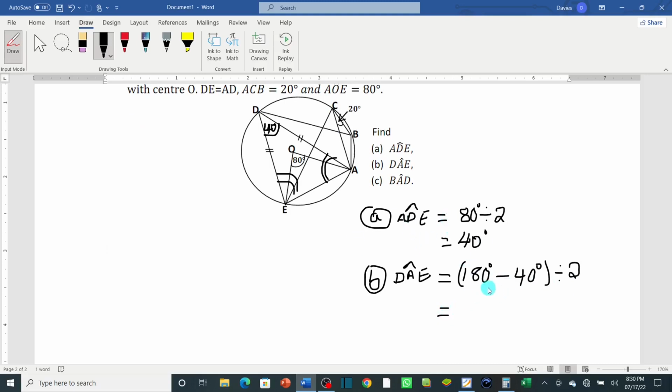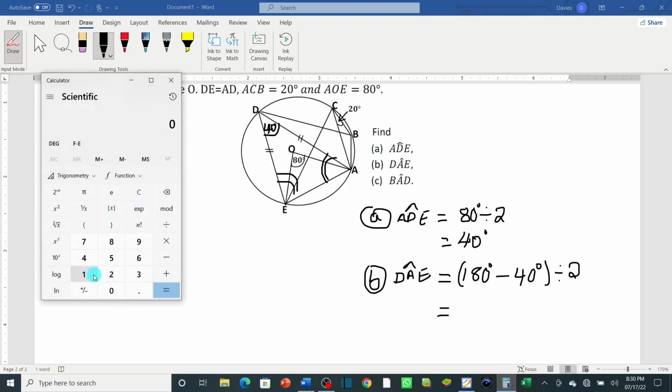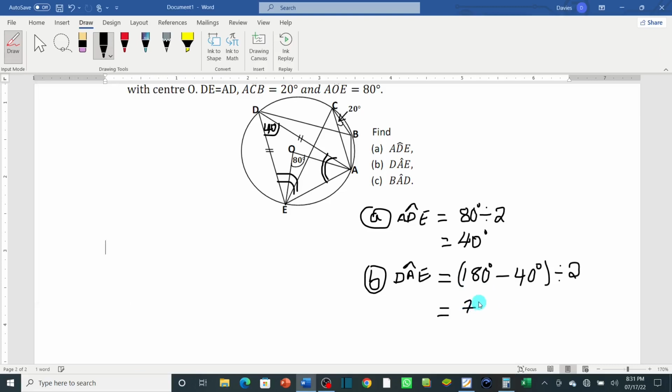Now you get your calculator, you say 180 minus 40, which will be 140, right? So you get your 140, then 140 divided by 2, which is 70. So this angle is going to be 70 as your answer, because this is 70 and this is 70. We got 140 for two of them, then we divide by 2 because there are 2.